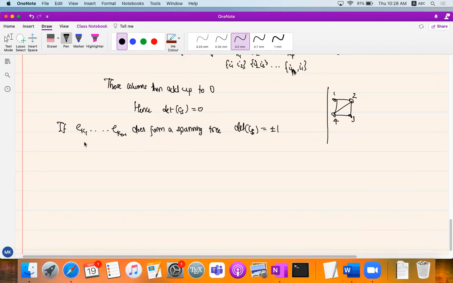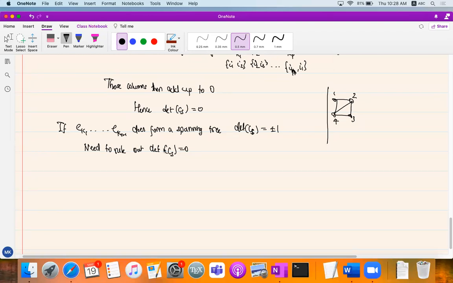In other words, you just need to rule out the possibility that the determinant of C_S is 0.